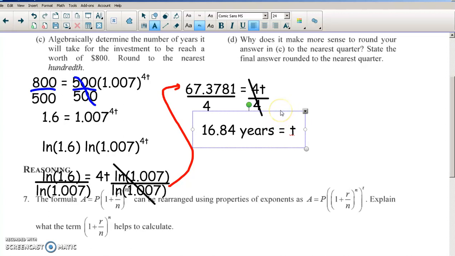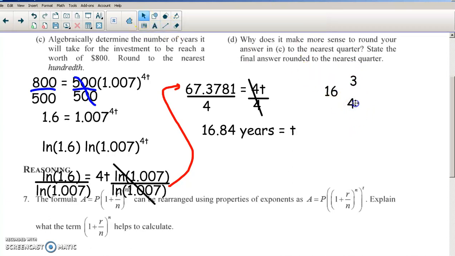So instead of 16.84, we're going to round it to the nearest quarter of the year, and that would be 16.75 or 16 3/4 years. So we'll write that down. So this would now be 16 3/4 years, rounding it to the nearest quarter of the year.